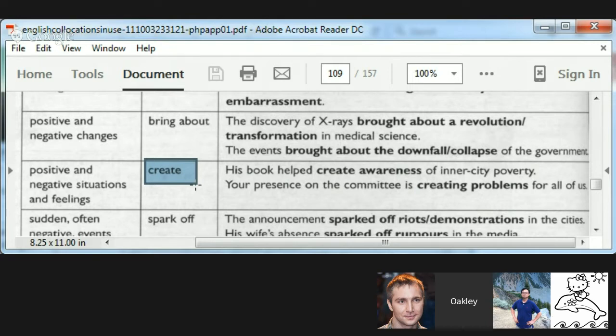Okay. Another couple of quite strong collocations in English. Create awareness, NGOs and government programs. Boy, I don't think I've ever heard of a government program without hearing the collocation create awareness.